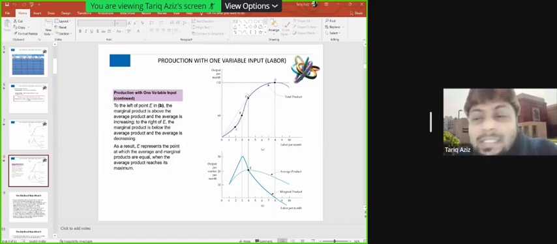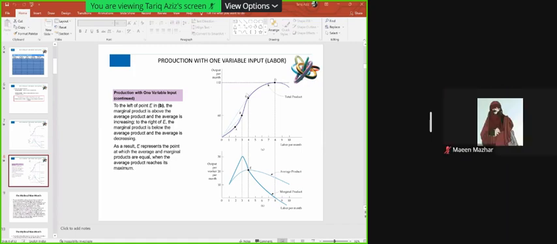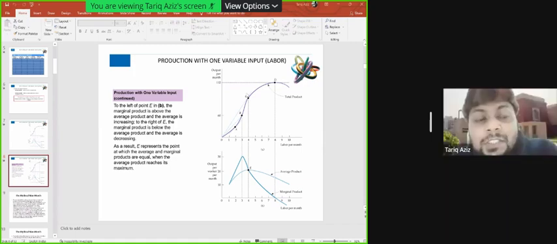Indivisibility is one reason, because say for example there is a machine, and that machinery has some output level, capacity level. So if we are using that machinery for producing some product which is less than its capacity, it is inefficient. So the total product will increase up to a level where the capacity is utilized 100%.